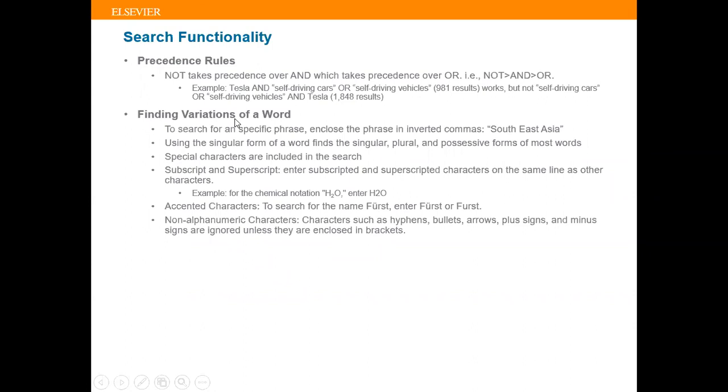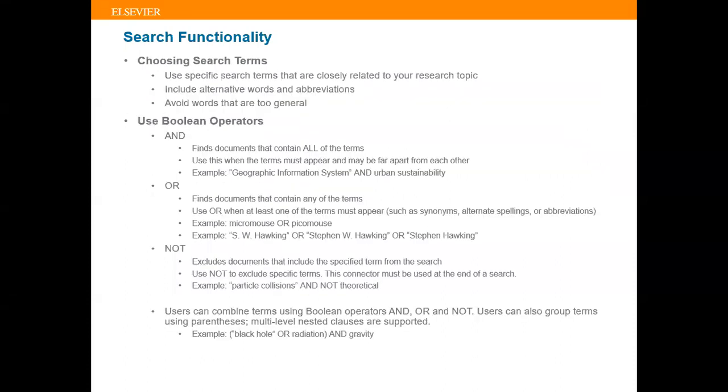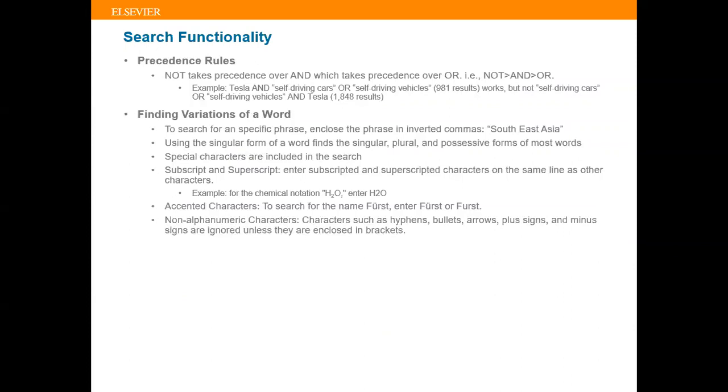Finding variations of a word. This refers to the keywords or the terms that you want to search that are actually a phrase. A phrase means that it is more than one word. Just now we came across geographic information system and urban sustainability.